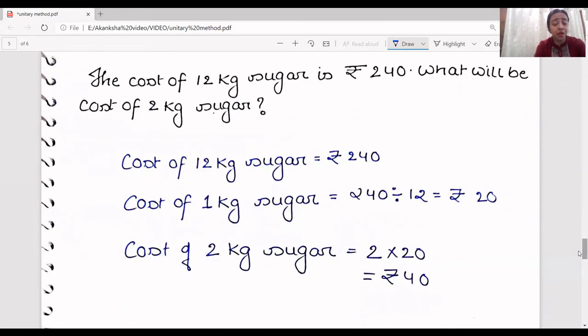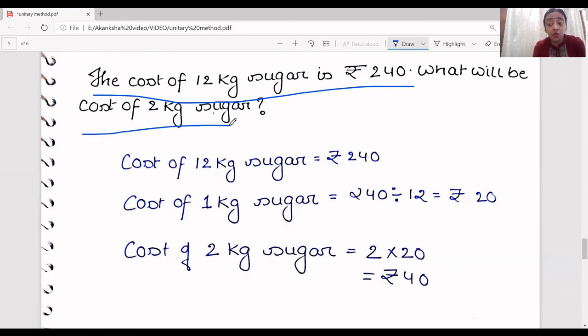Let me take up one more last question so that you're very clear with the unitary method. And you can use this unitary method in any place. So the cost of 12 kg sugar is rupees 240. When you know the cost of 12 kg sugar, which is 240, and somebody is asking you to calculate the cost of 2 kg sugar, what you would do is first write down that 12 kg sugar is costing 240 rupees.